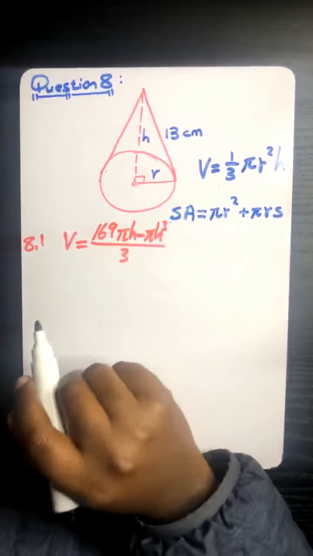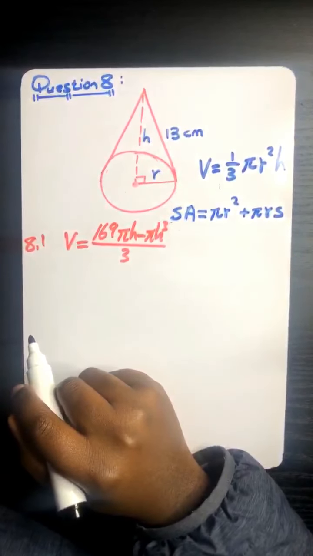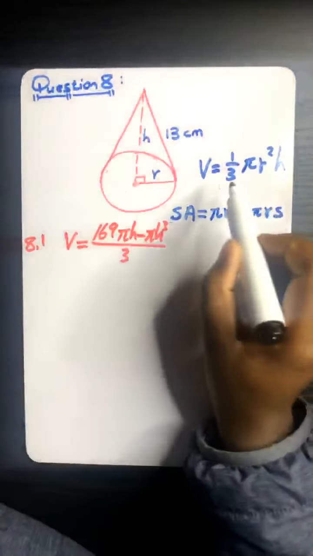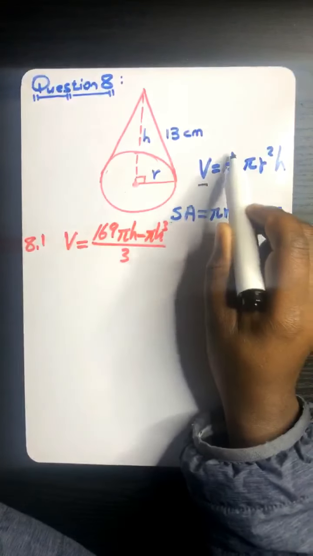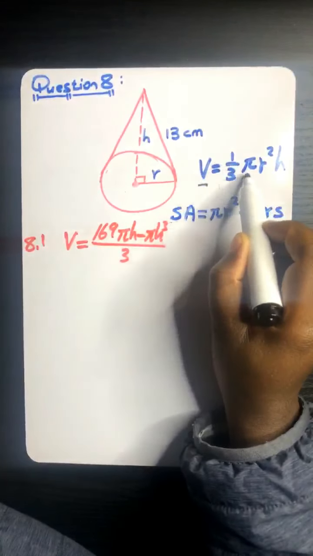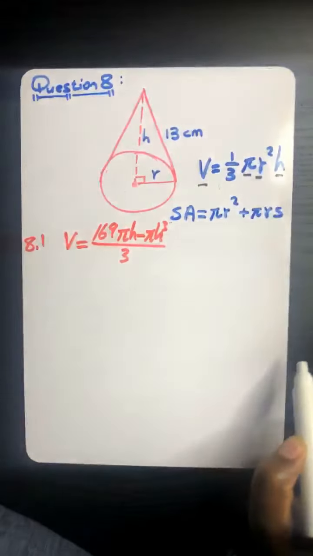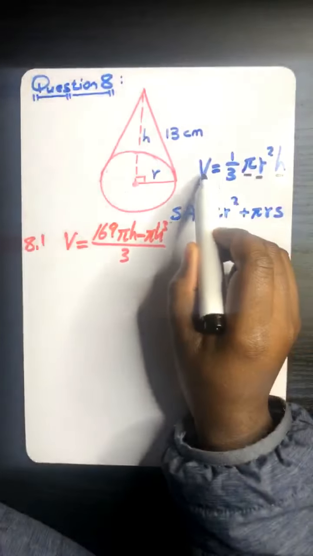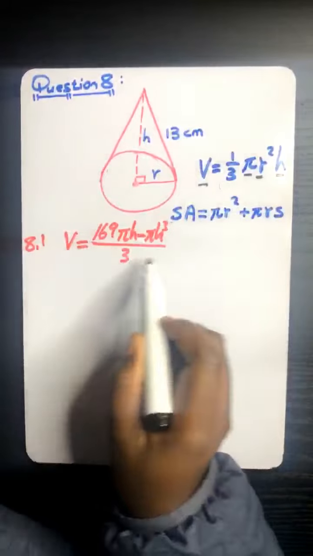Okay, let's try to check something. V is equal to 1 over 3 pi r squared times h. Which letter is there but not there?